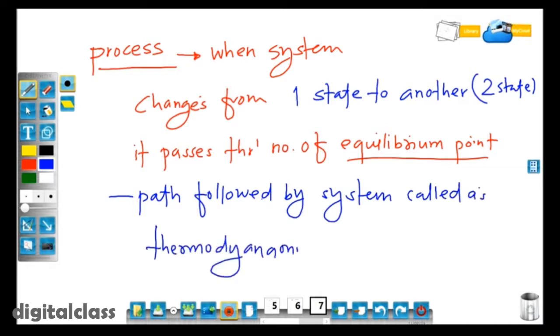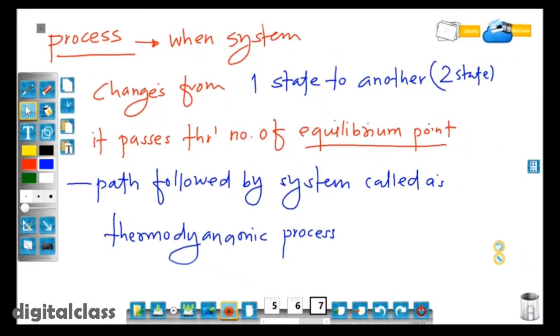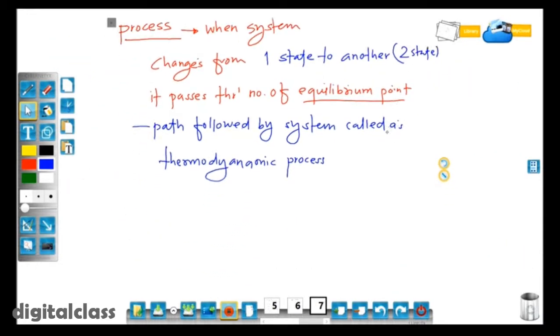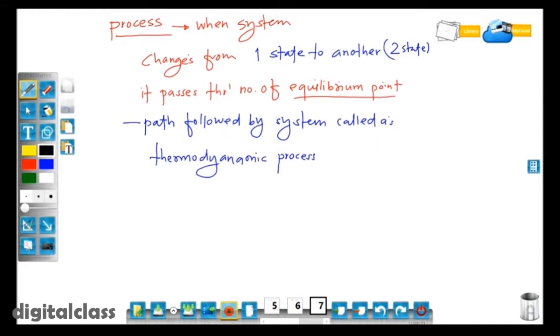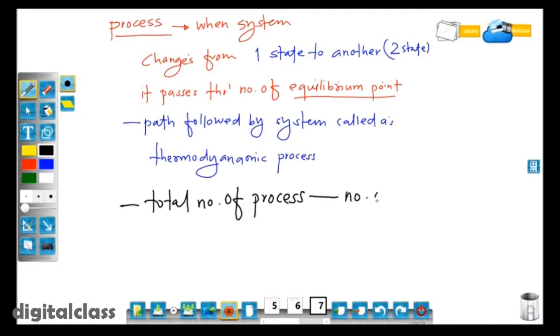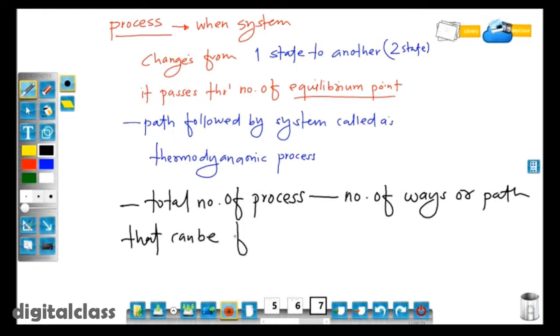There are a large number of paths, means a large number of processes may be available, or the system can follow any path. So the total number of processes is infinite, means to reach from 1 to 2, the system can follow any number of paths.